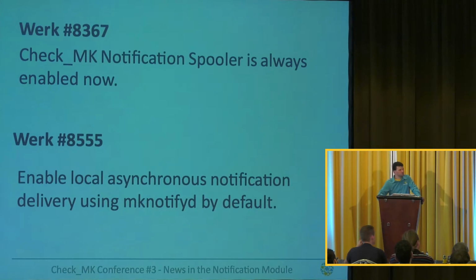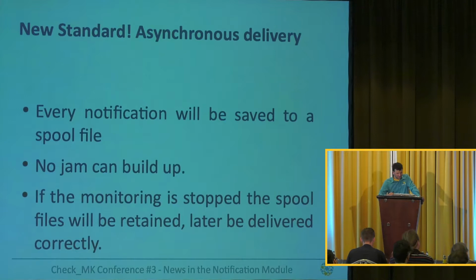Starting with version 1.40, the notification spooler is always on, and it cannot be turned off. And in addition, you can do asynchronous alarms through emails or notifications. And it does have a few charming advantages.